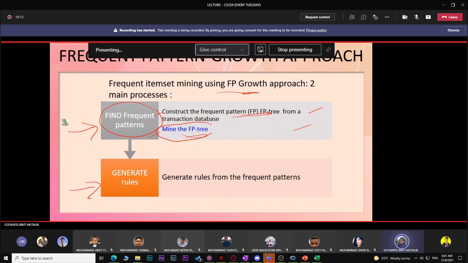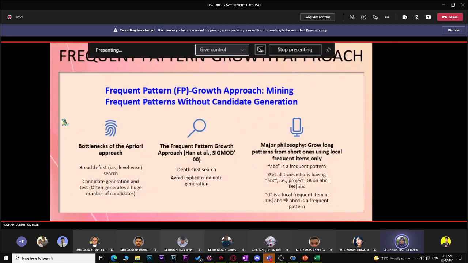The second step, generating rules, will be the same. What we will see in frequent pattern growth is how the algorithm produces the frequent patterns without candidate generation.